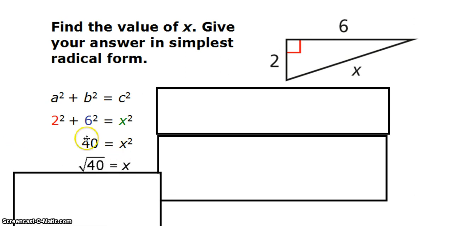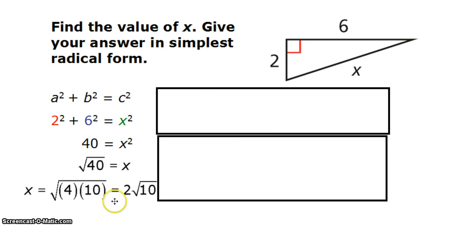And when we do, are there any perfect square factors in 40? Right away we see 4 times 10, right? So pull out the square root of 4, which is, good, 2. And then the square root of 10, are there any perfect square factors? No. So we will have 2 times the square root of 10.